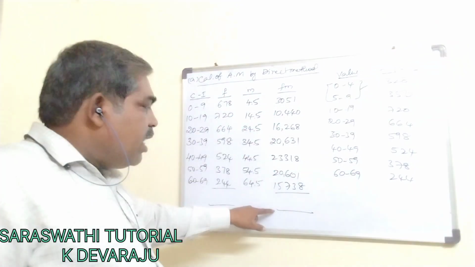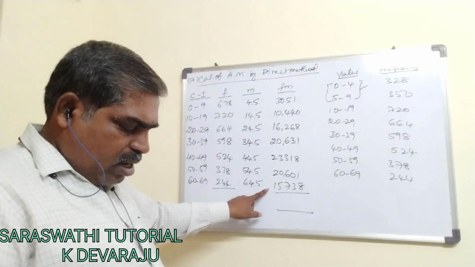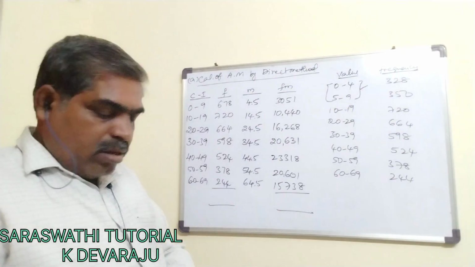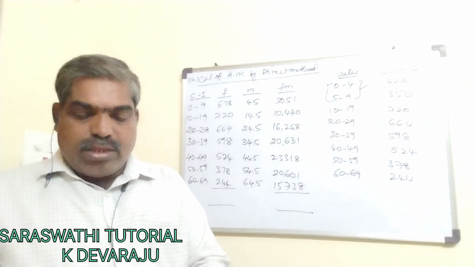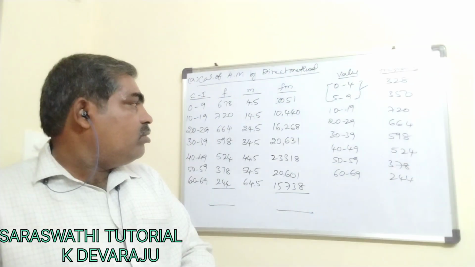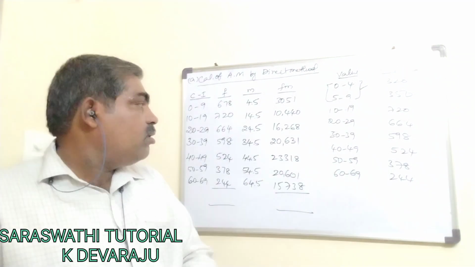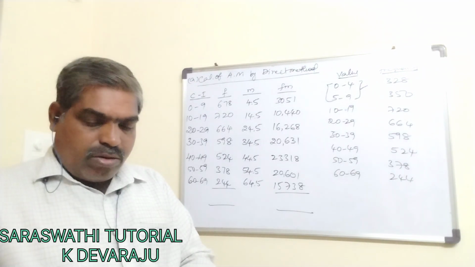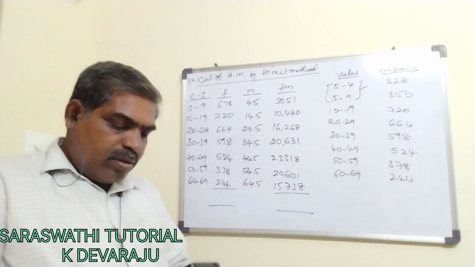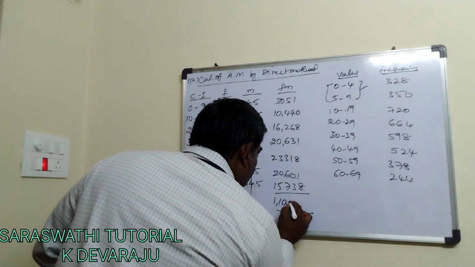Now we have to add these. So I am adding: 3051 plus 10,440 plus 16,268 plus 20,631 plus 23,318 plus 20,601 plus 15,738. It will be 1,10,047.